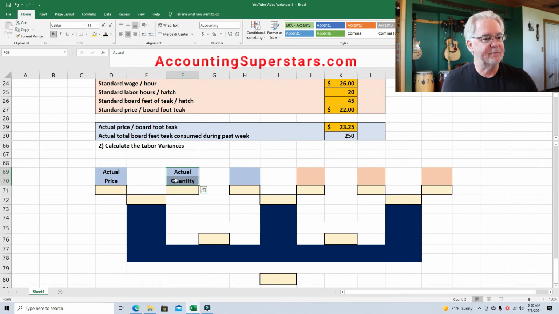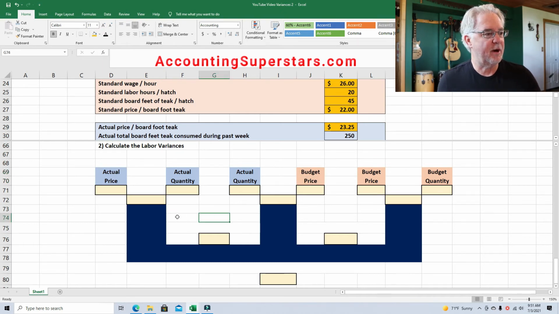A comes before B, and P comes before Q. You have to set it up this way; if you get them reversed, it won't work. And over here is going to be budgeted price and budgeted quantity. P comes before Q. We read from left to right, and the inside goes in. There we go.